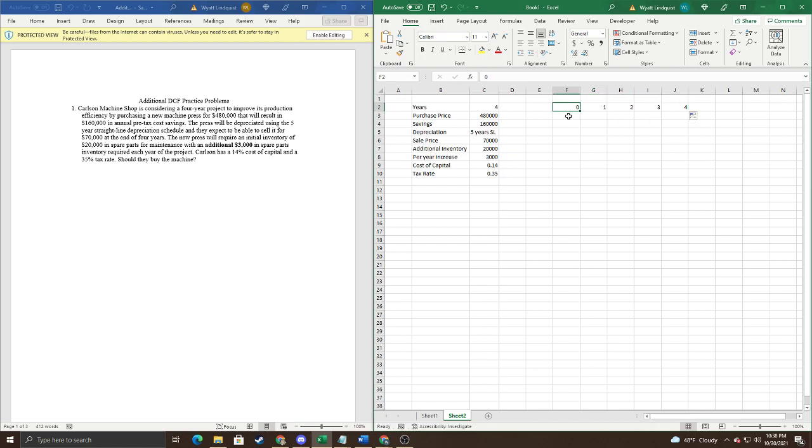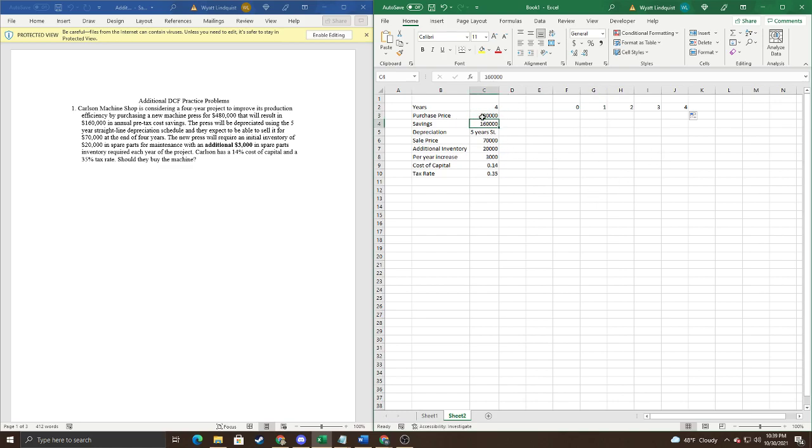So technically there is a year 0 in this calculation, and we only go up to year 4, despite the fact that we have 5-year depreciation. At least for this one, it's not going to matter. So we're just going to have years 0 through 4. Now, that takes care of our years computation.